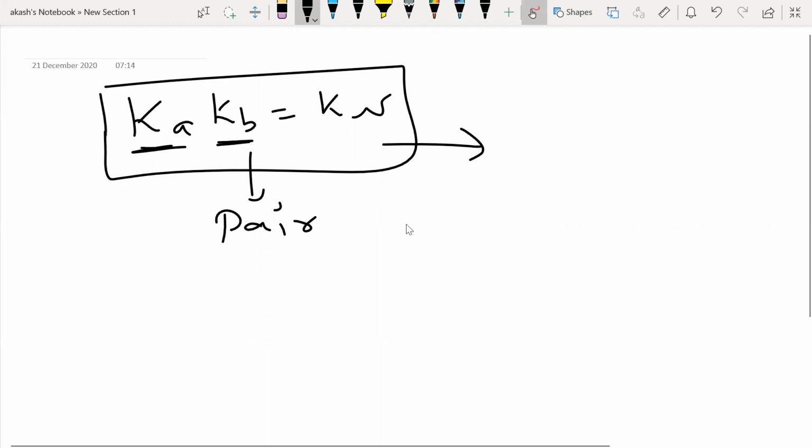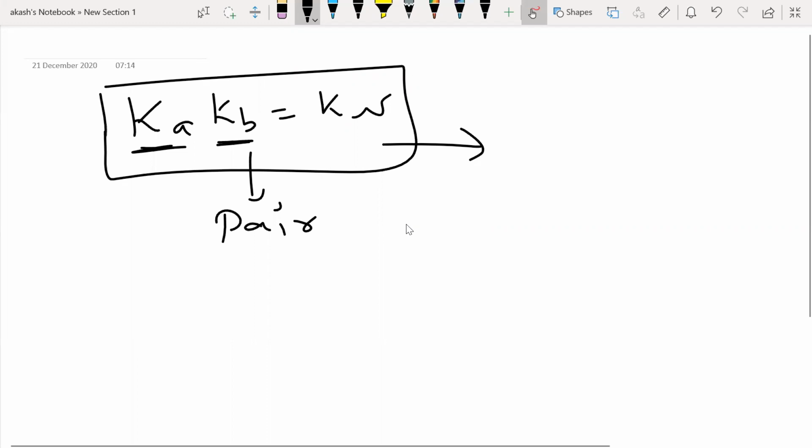Okay, let's take this question. Ionization constant for a weak acid HA is 10 to the power minus 5.